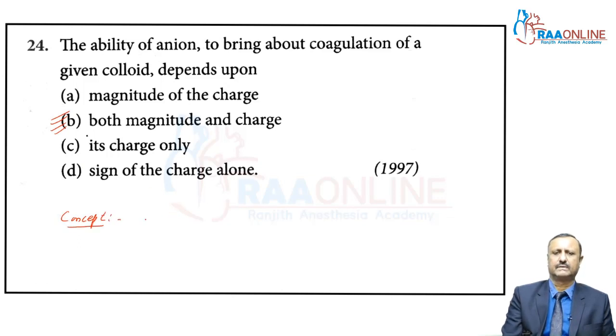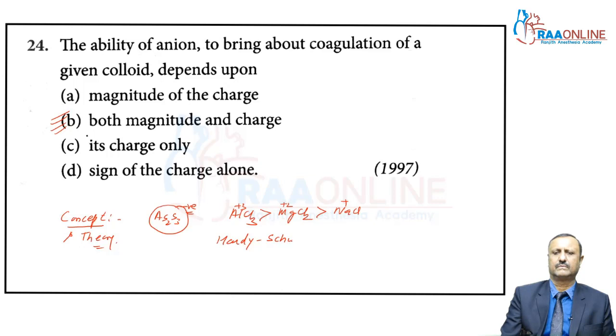The As2S3 negatively charged colloidal particle is coagulated by the positively charged ions, meaning the coagulation power of AlCl3 is greater than MgCl2, and this coagulating power of magnesium chloride is greater than NaCl. My dear students, this is also called the Hardy-Schulze rule.